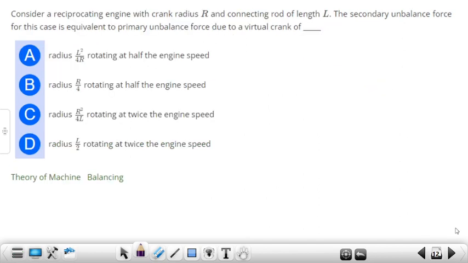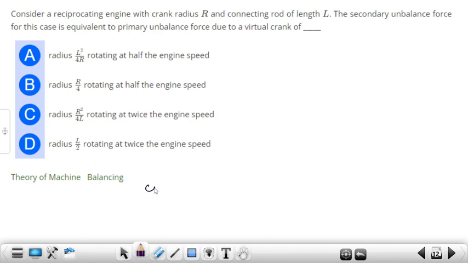Next question. Consider a reciprocating engine with crank radius R and connecting rod of length L. The secondary unbalanced force is to be compared with the primary unbalanced force due to the vertical crank.